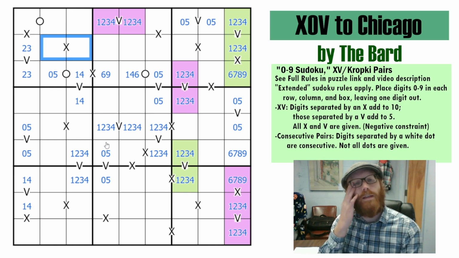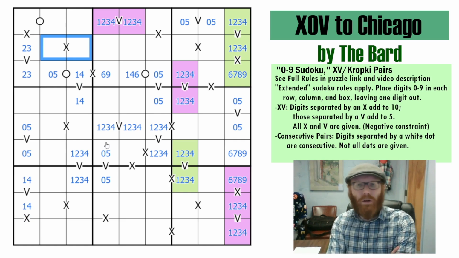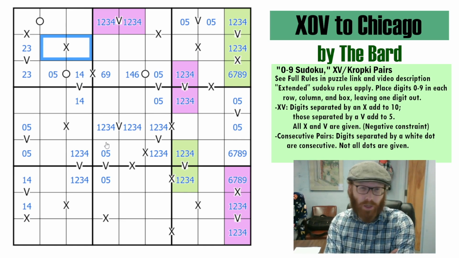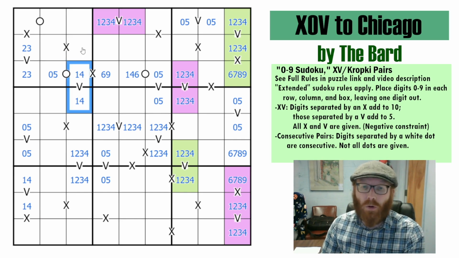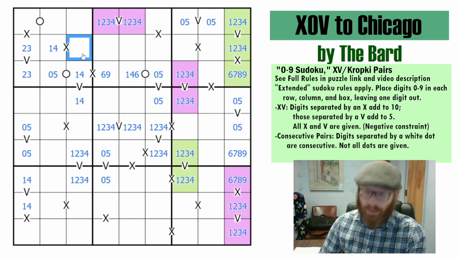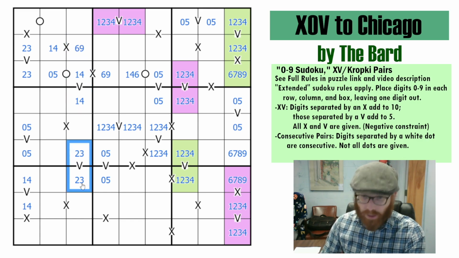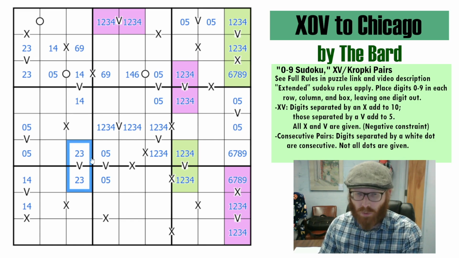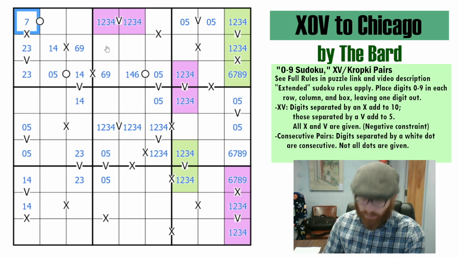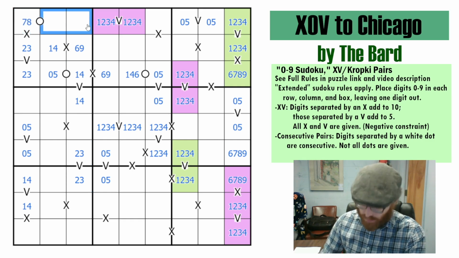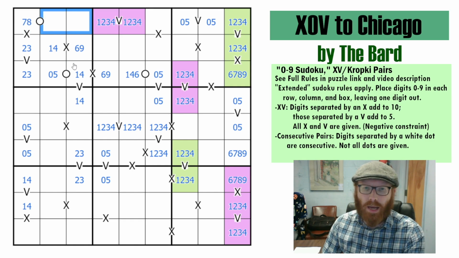That means this X is a 1, 4 flavored X, and the 1, 4 can't be there because of that 1, 4 pair, so that's a 1, 4, that's a 6, 9. Or a 9. That 1, 4 also looks there and makes that a 2, 3 pair. This is a 7, 8. And this is a high digit, maybe.